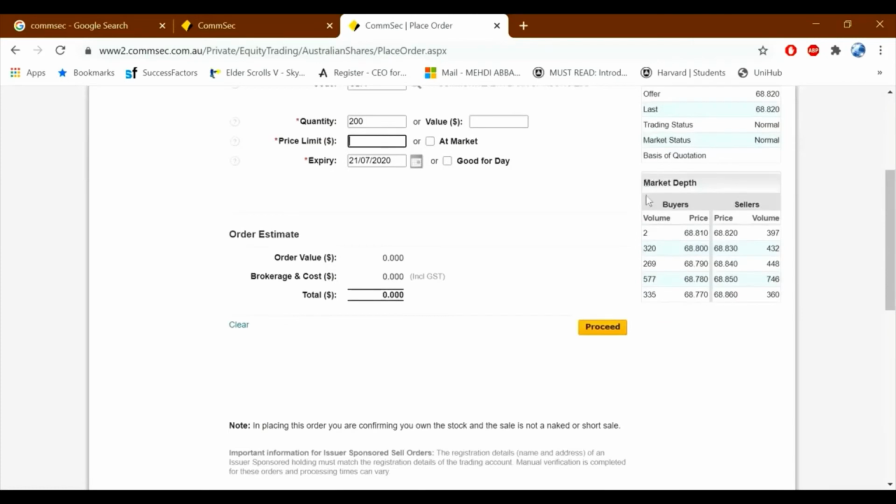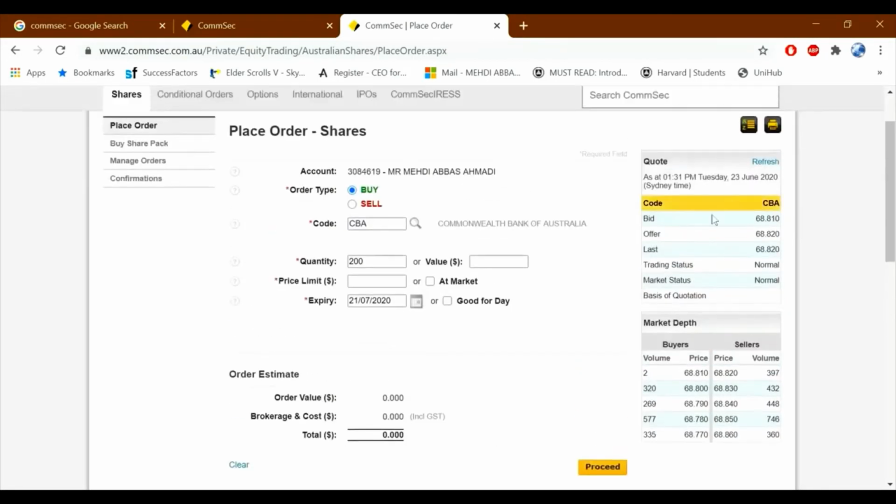This gives you the market depth, which is the latest bids, offers, sell prices and buy prices, and everything. So right now, if you want to buy 200 CBA at $67, that gives us the whole calculation of how much it's going to cost us.